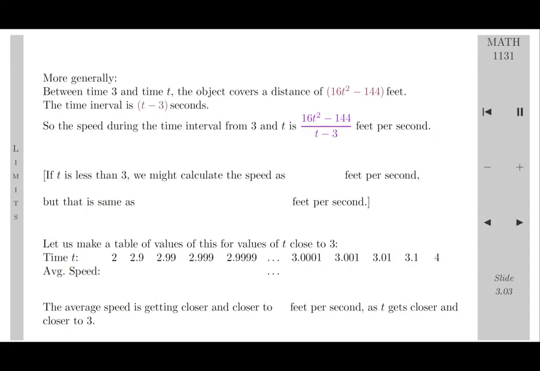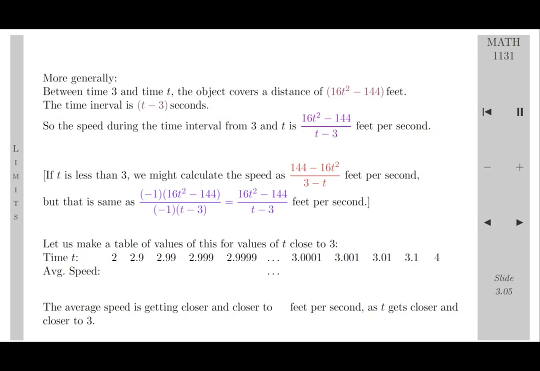If t is less than 3, we might calculate the speed as 144 minus 16 t squared over 3 minus t, subtracting the smaller value from the larger. That's the same as what we had before, because the numerator and the denominator are both multiplied by -1.